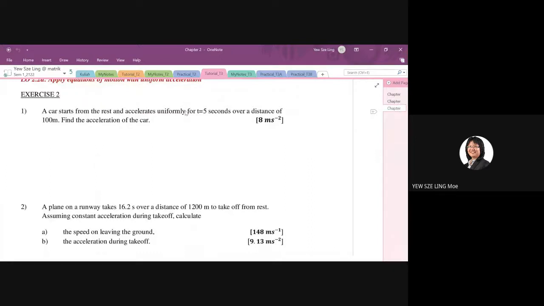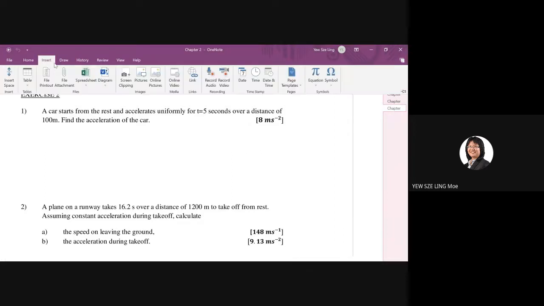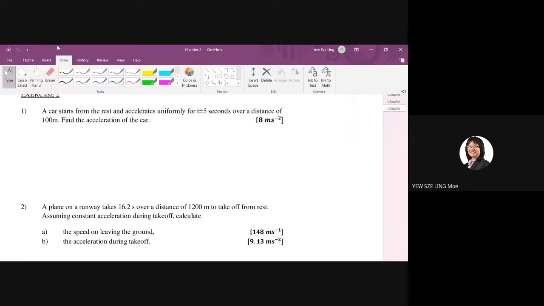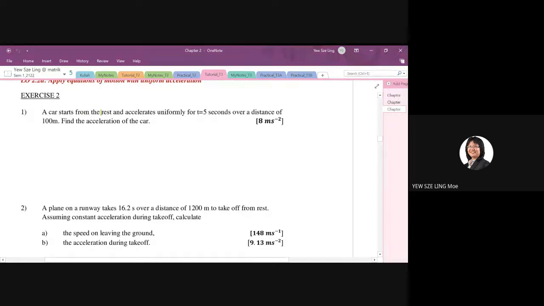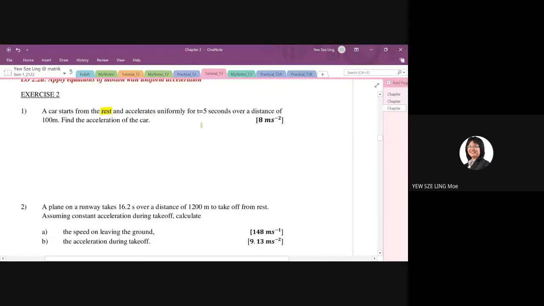Okay, so exercise 2. Exercise 2 is for a horizontal linear motion. Horizontal linear motion means that the object is moving in just one-dimensional motion. So exercise 2: a car starts from rest. So the key word is rest. If you still remember what I told you in our previous lesson, all these terms actually have a hidden value in them.